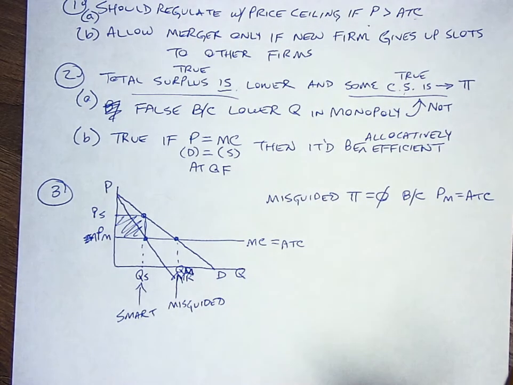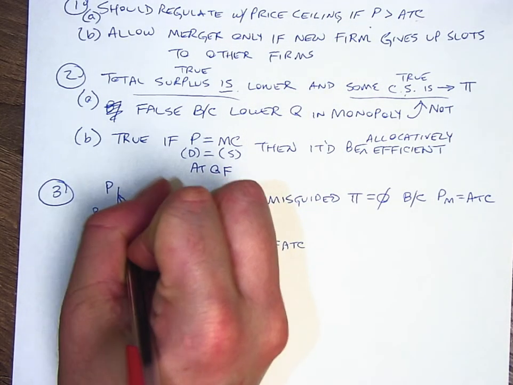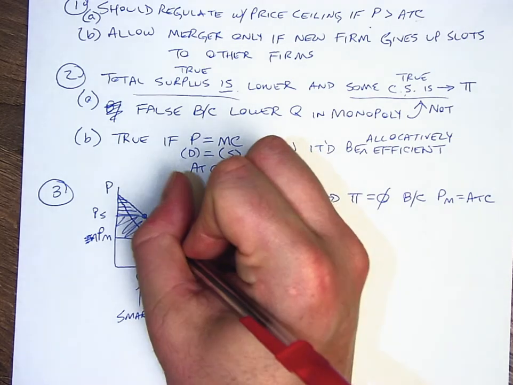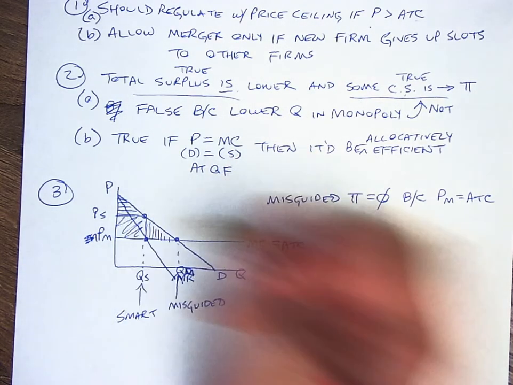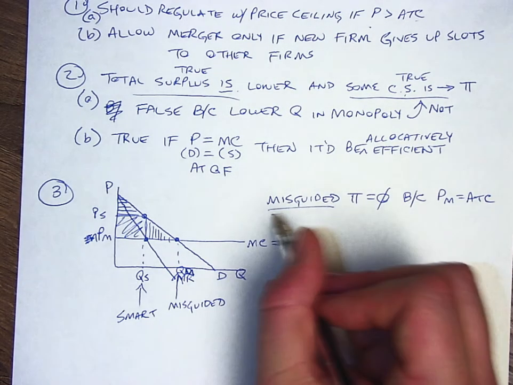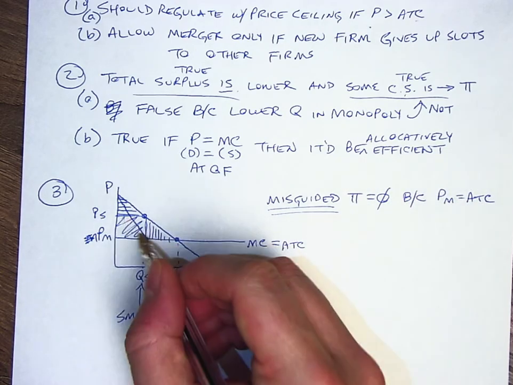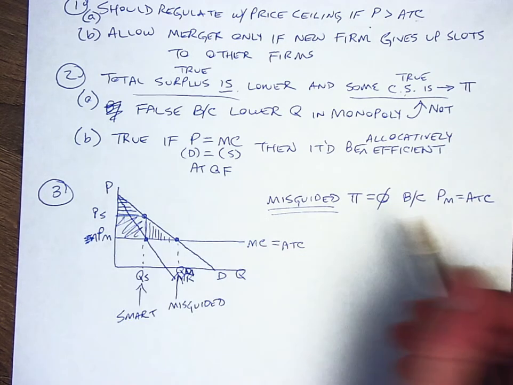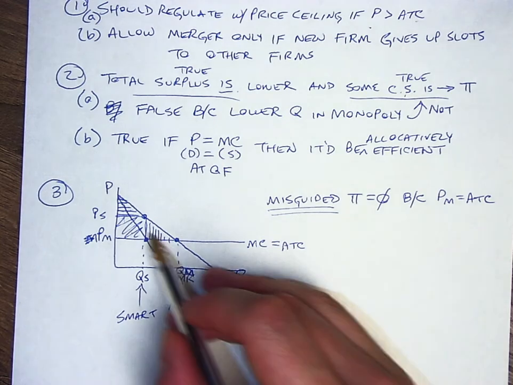Then it says the total surplus. Okay, so the total surplus is actually this area and this area, and the profit for the misguided one. So the triangle and box for the misguided one. It'd be nice if they gave us values for this, and then we could calculate them, because that would be the total surplus.